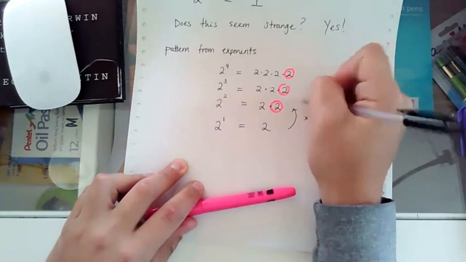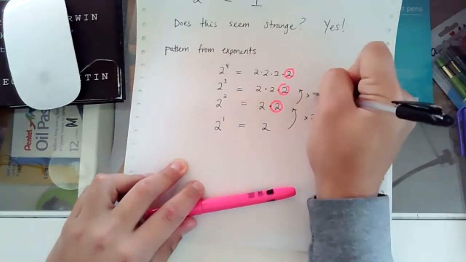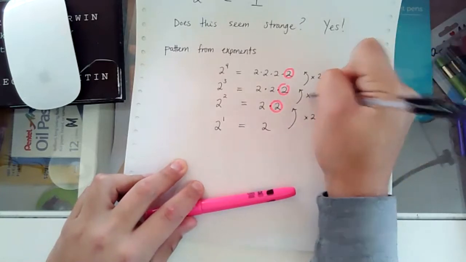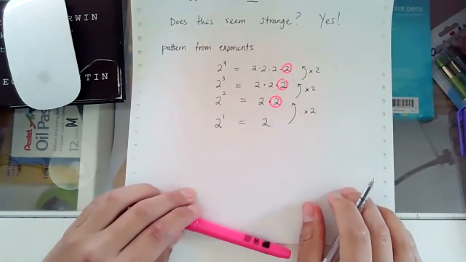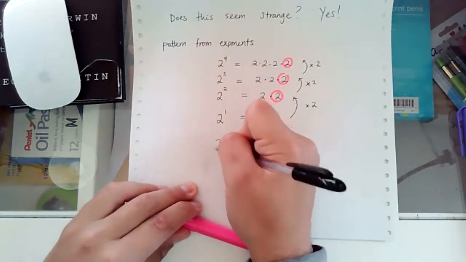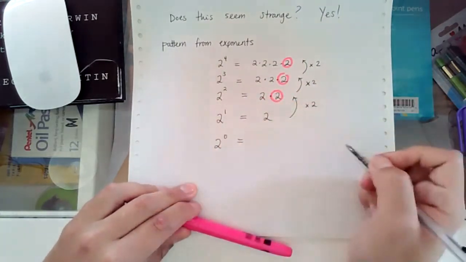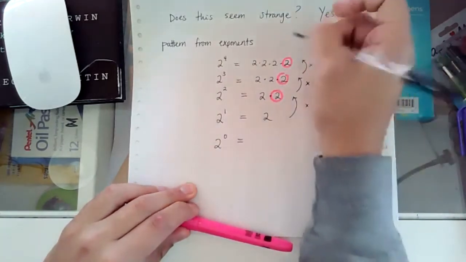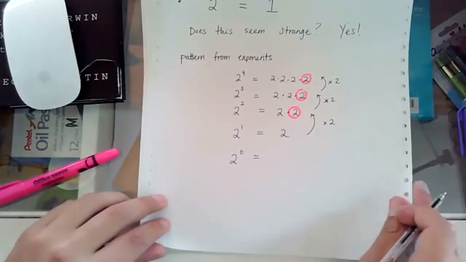And we multiply by another factor of 2 here, and we multiply by another factor of 2 here. So if we were going in the reverse direction, 2 to the 0 power, well, really this would be, maybe I've written this down a little bit weird. Let me go ahead and amend this a little bit.